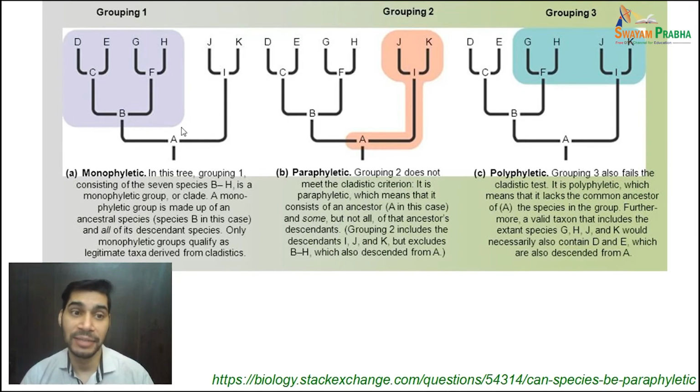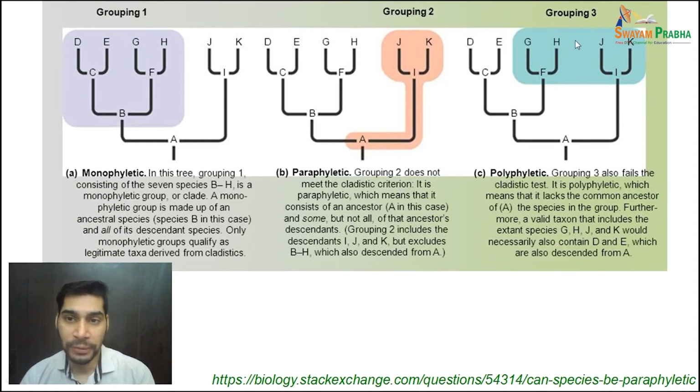Whereas in monophyletic, the common ancestor and all its descendants were grouped together. In the case of paraphyletic, there is a common ancestor, but all its descendants are not shown. Only some of its descendants are grouped together. So in this case, though B and all its descendants are also coming from A only, we are only discussing the descendants coming onto this group. So this is called a paraphyletic group.